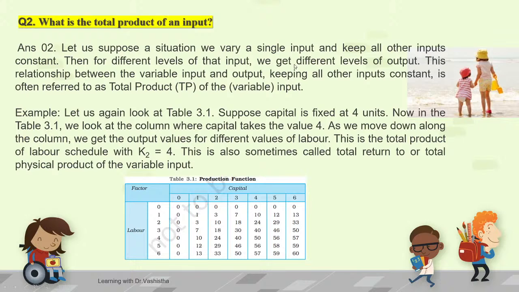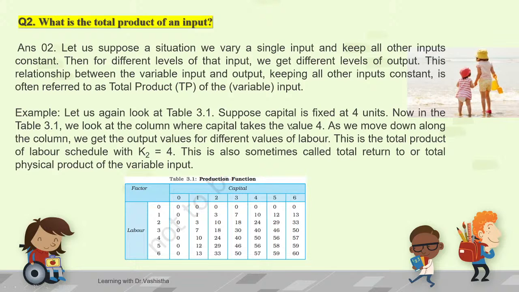Moving to the next question, what is the total product of an input? So here we'll take an example. Let us consider a situation where we vary a single input, keeping all the other inputs constant. Then for different levels of that particular input which is variable, we get different levels of output.